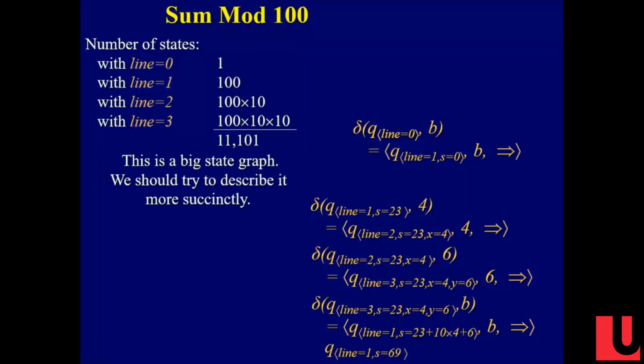No. What is a fast answer? A fast answer says, how many different lines do I have? 4. How many different values of S? 100. 10, 10. So a fast answer is the number of states is 4 times 100 times 10 times 10.